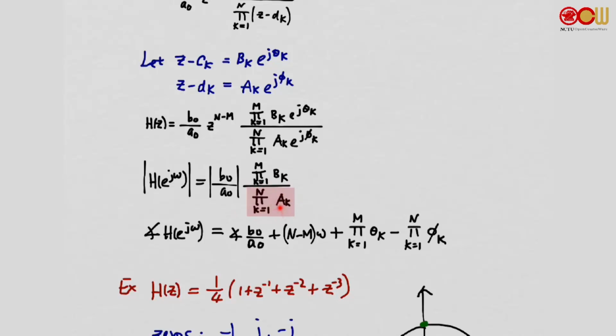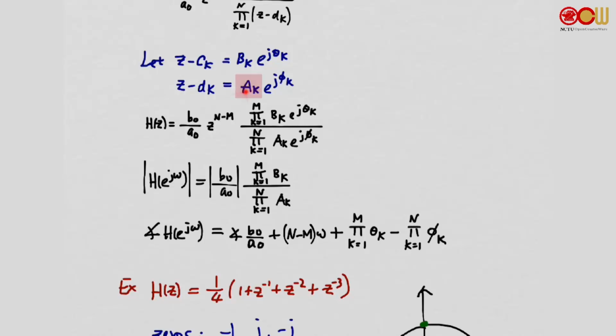But what are b_k and a_k? This is where b_k and a_k come in. b_k comes in as the polar representation of z minus c_k. So what b_k represents is actually the distance between z and c_k, and z is the point of interest, the point at which we would like to do the evaluation.